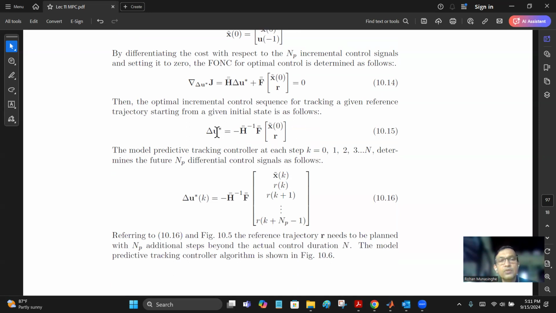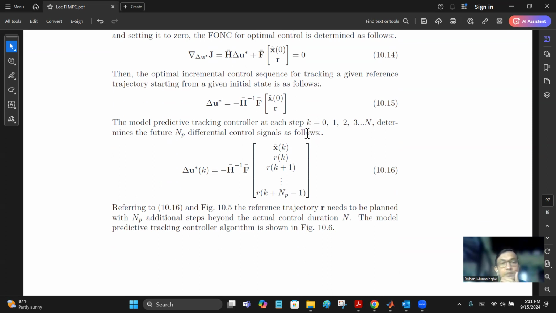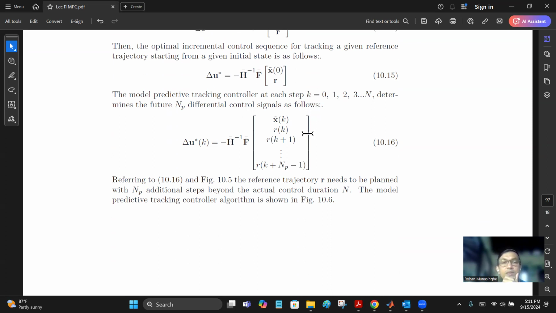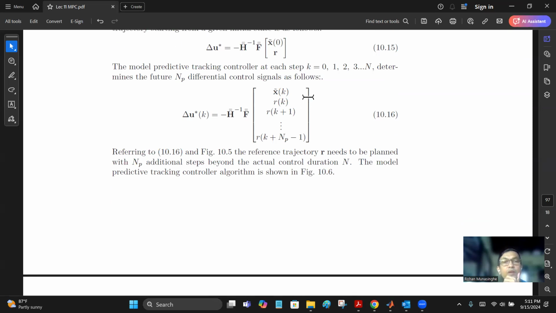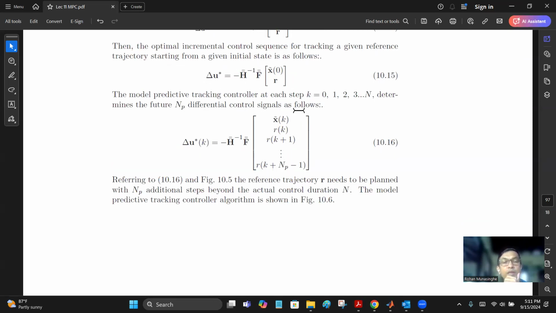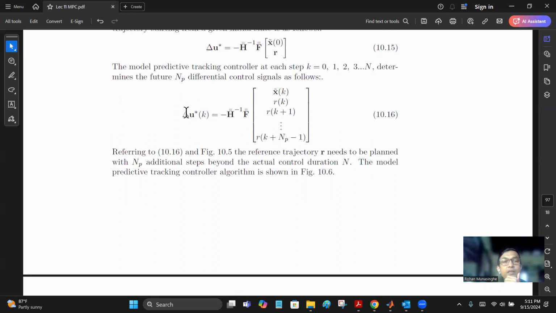So now you have delta U transpose star, the optimal control sequence. So this is for 0, right? For any k, anywhere within the control duration, you can calculate the optimal sequence this way.